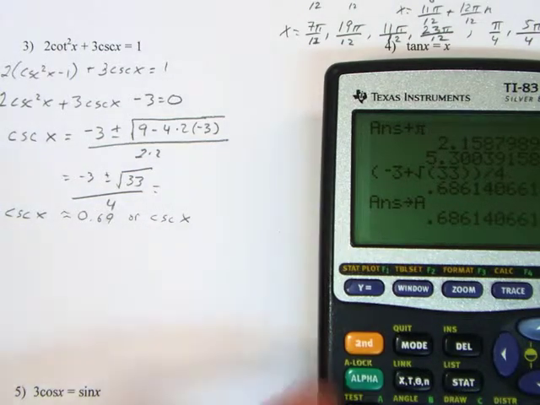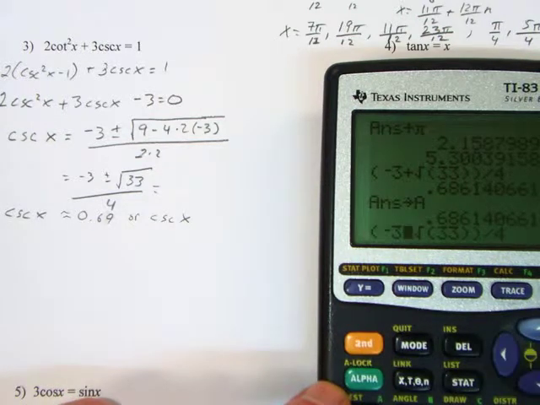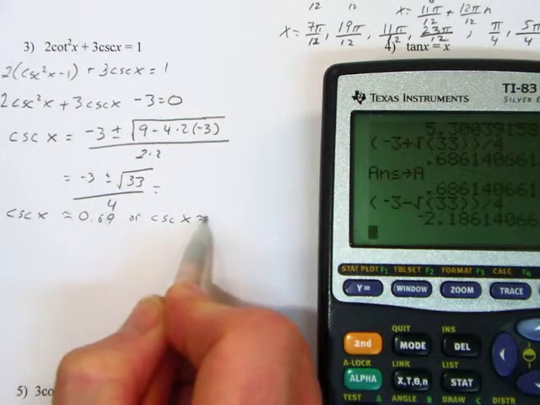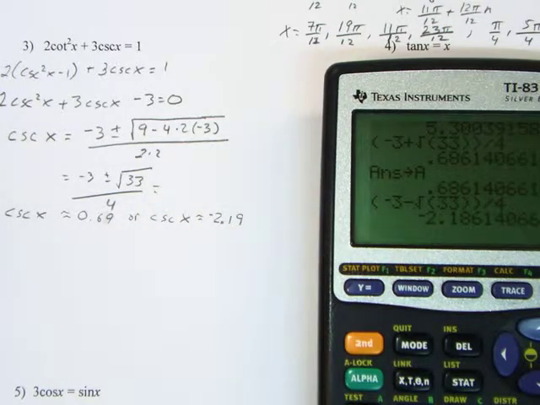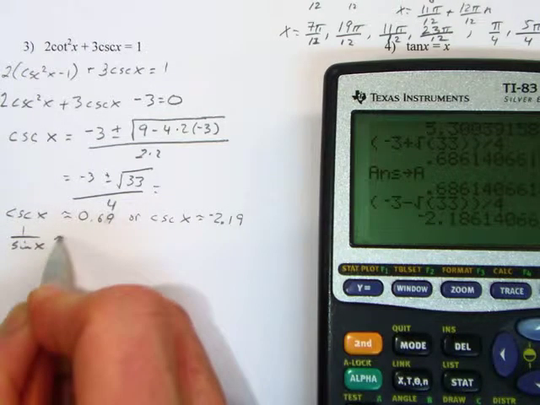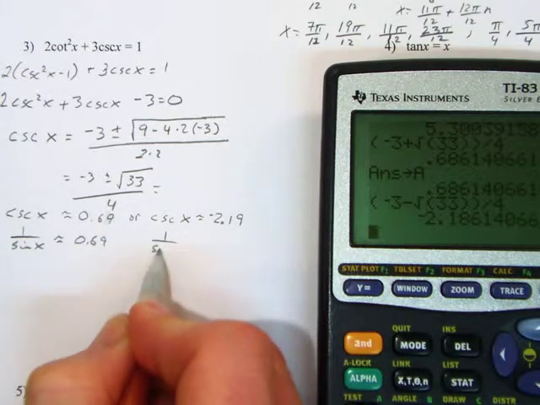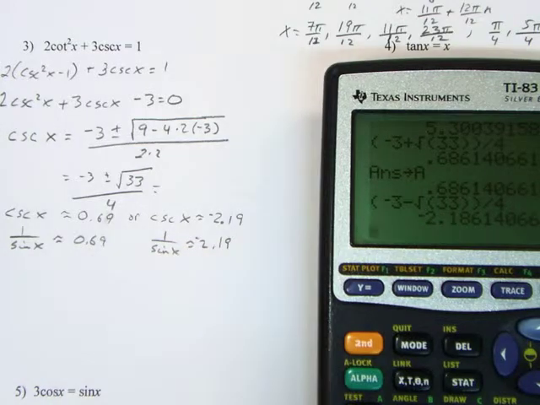Or cosecant x equals, do that again. Type it in here, and now do it as a minus, and I get negative 2.19. So there's two parts to this, and now we say 1 over sine is approximately equal to this, and the same thing on this side. Oh, I didn't store over here.